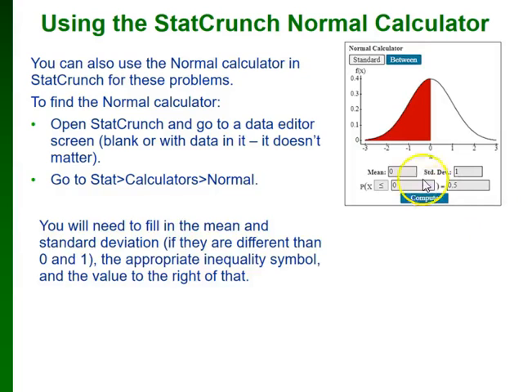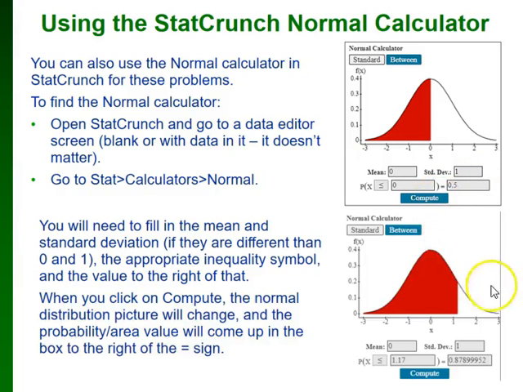This has a place to fill in the mean and the standard deviation. You'll need to fill in the appropriate inequality symbol in here. You have two choices, either a less than or equal to or a greater than or equal to. And you'll be able to fill in either the value to the right of that, or a probability or area way off to the right.